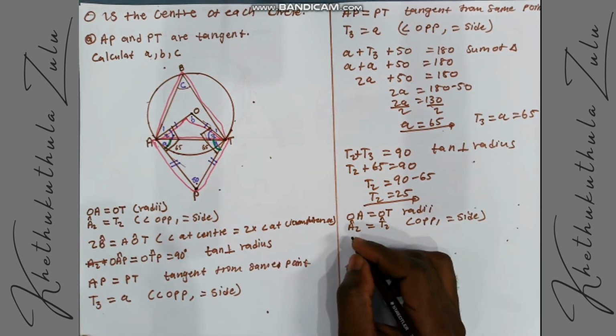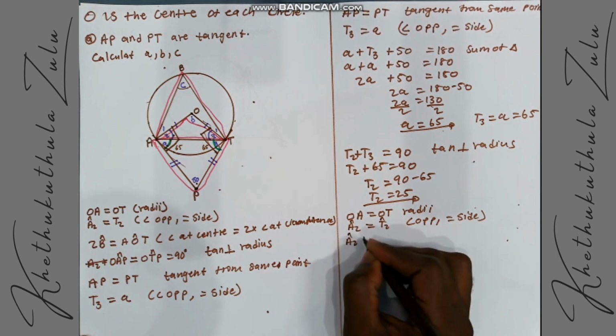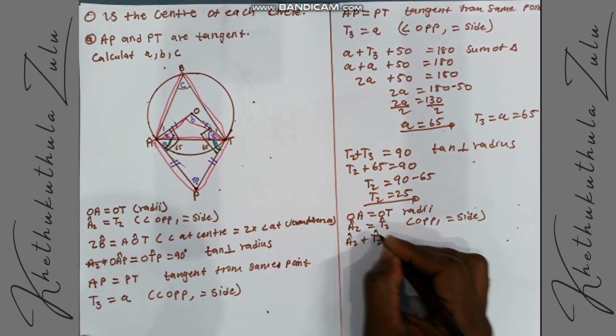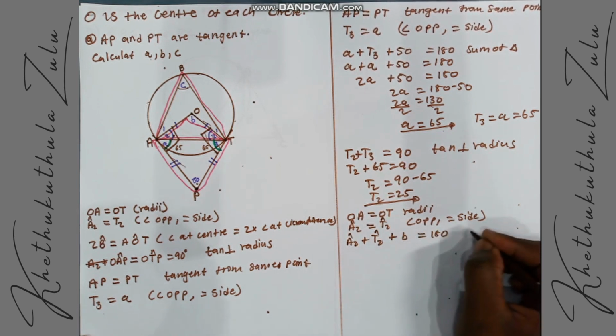Then we can use the sum of the triangle: A2 plus T2 plus b is equal to 180.